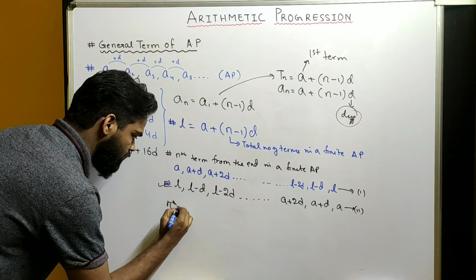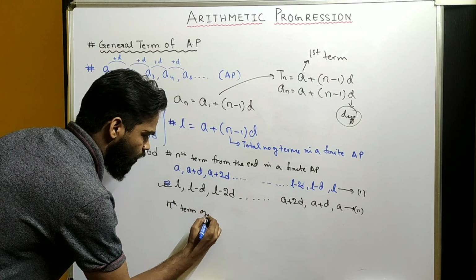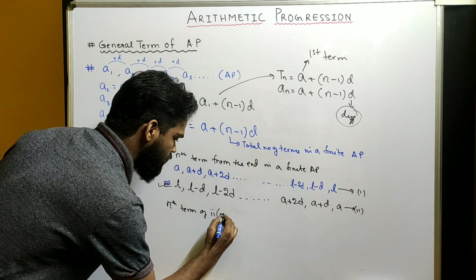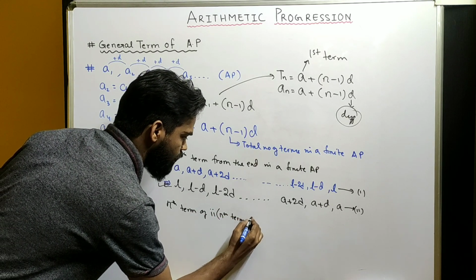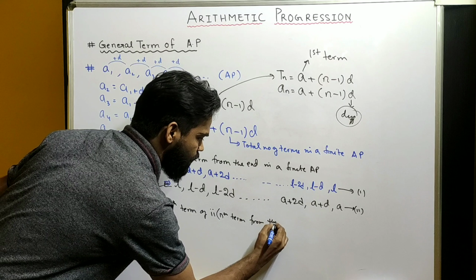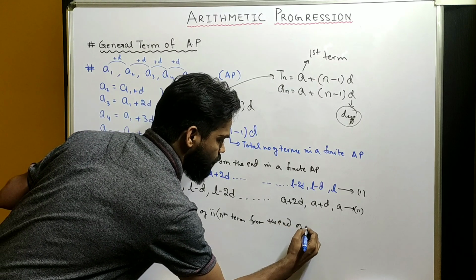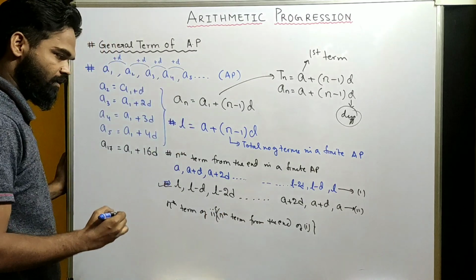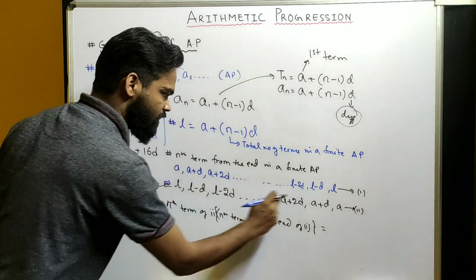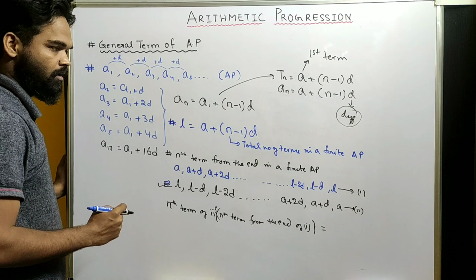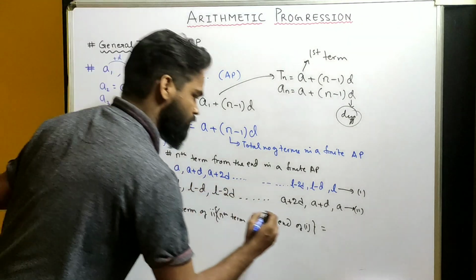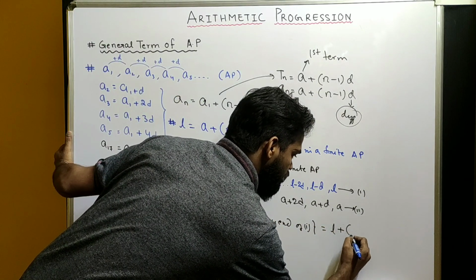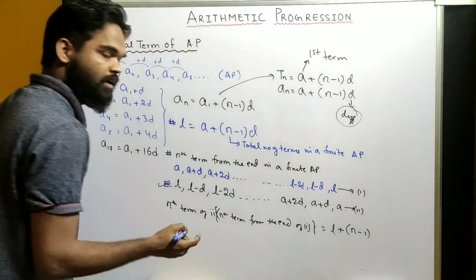So the nth term from the end of the original sequence will be equal to the nth term of this sequence in AP. The first term is l, plus (n minus 1) and d.